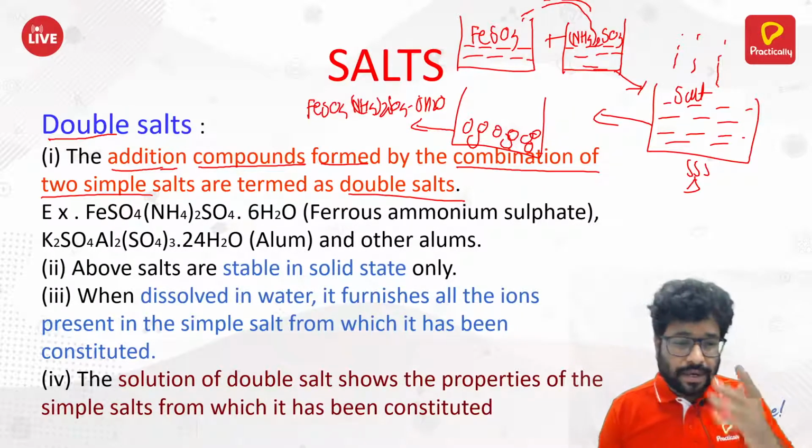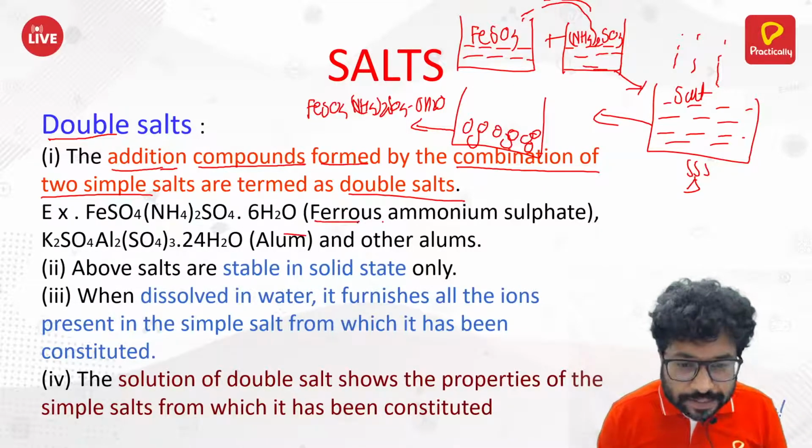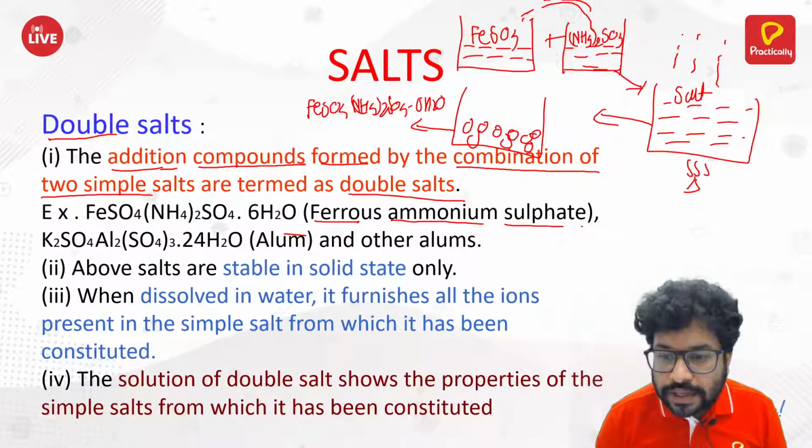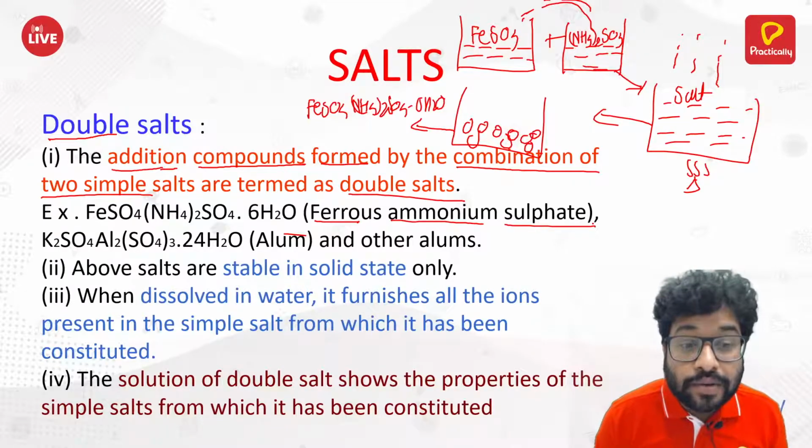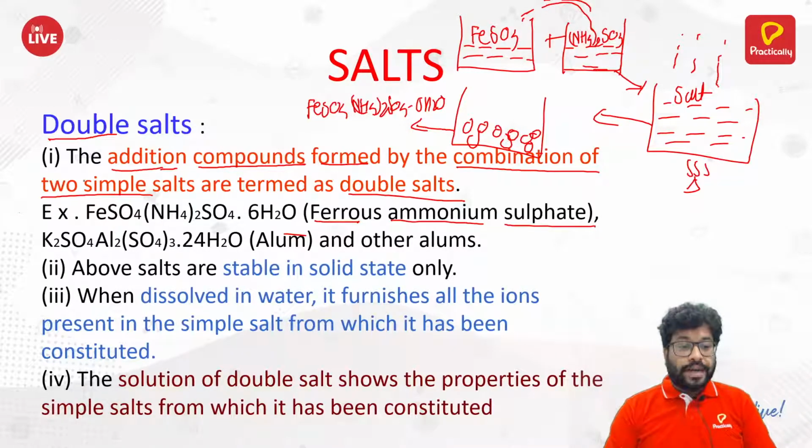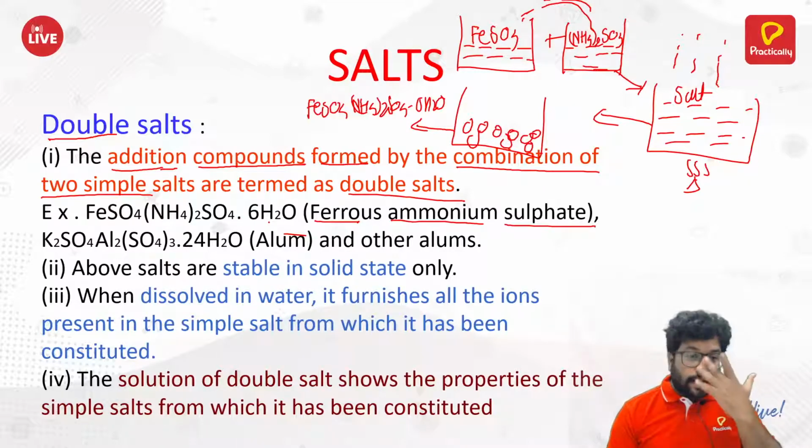That is called a double salt. That is your ferrous ammonium sulfate. It's a combination of iron sulfate, ammonium sulfate, and the water. That is basically double salts.